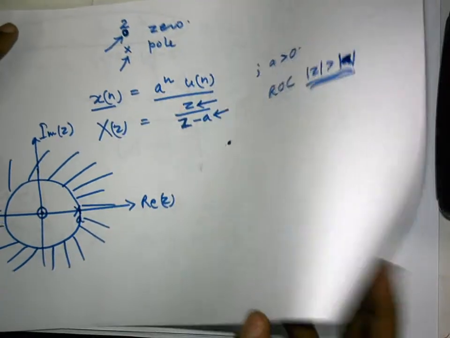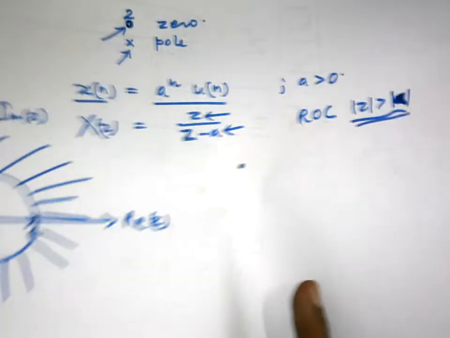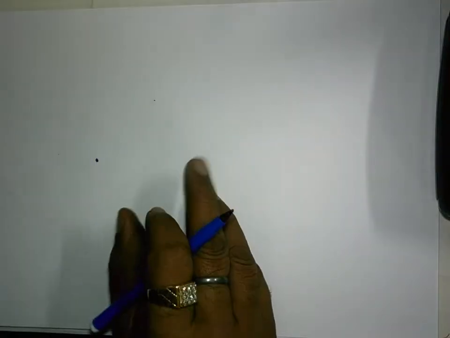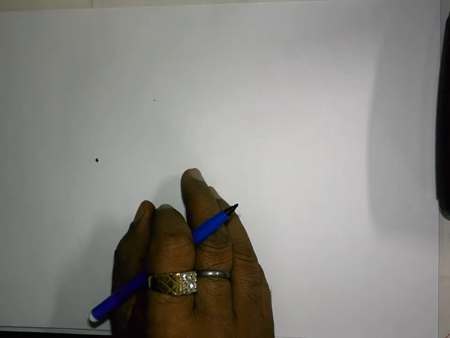You can also proceed in the reverse direction. If the pole zero pattern is given to you, you can realize this signal. If the pole zero plot is given to you, you can estimate what would be the signal.